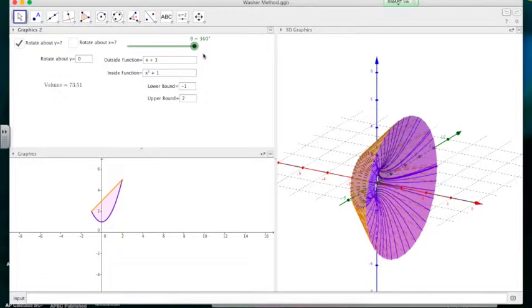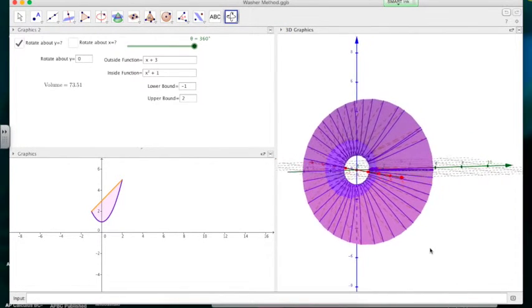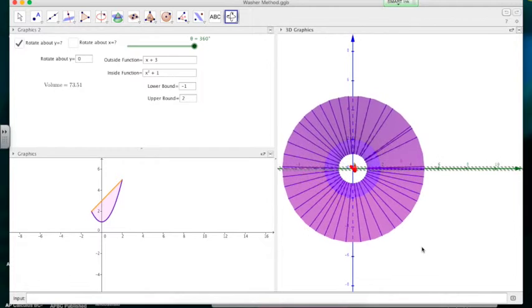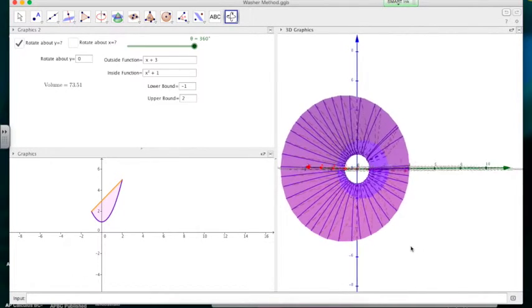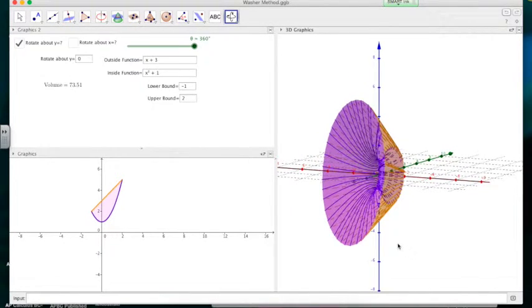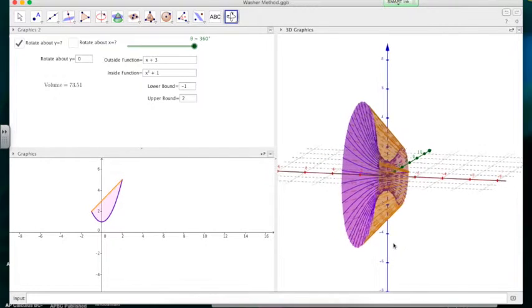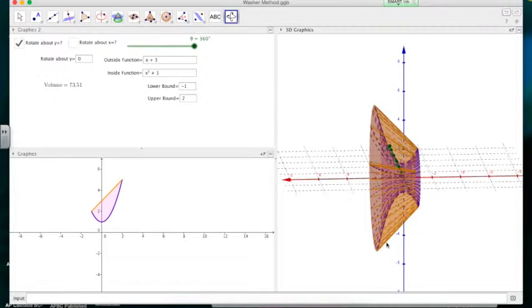As I spin this around in this window, we can start to see the hole through the center. And we can see that the inside surface is curved, the purple surface. If we look at it from the side, we have this bowl shape with a curved surface on the inside.